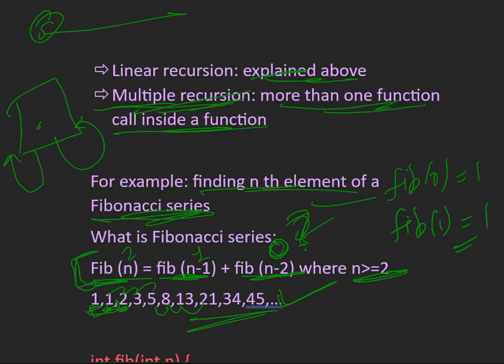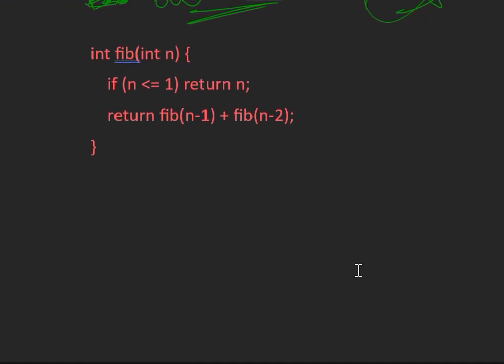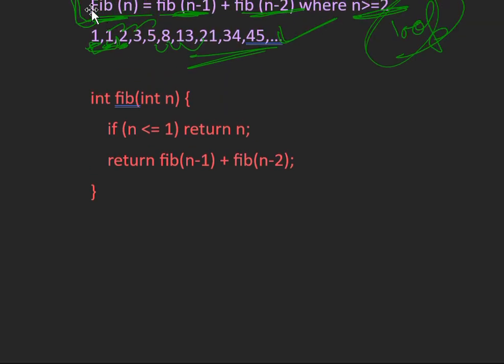If I ask you not to use a loop and to use recursion for this, then what will your code be? This will be your code. First, you are passing a number n. If n is less than or equal to 1, meaning n is 0 or 1, in that case we return 1 only.